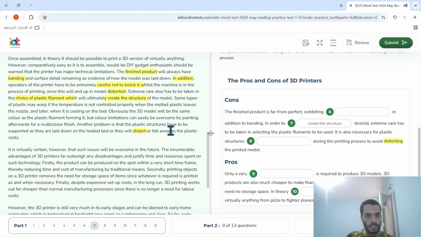Another problem is the plastic structures have to be supported as they are laid down on the heated bed or they will distort or fall away as the plastic cools.